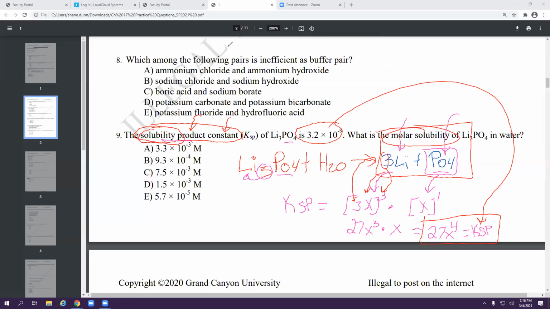What's the first step? I'm going to draw this in a different color, since it's an entirely different step. Let's use a different blue. So 3.2 times 10 to the -9th divided by 27. And then I take that entire thing to the 4th root power. That is what x is going to be.